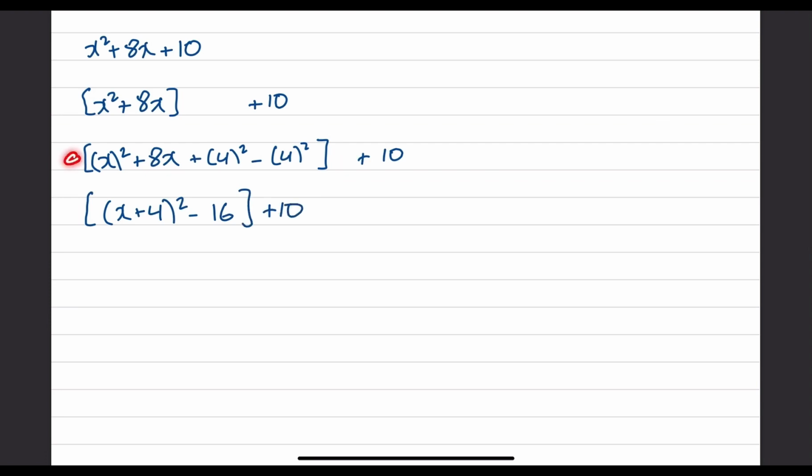And since there's no term over here that's being multiplied to both of these terms, opening the bracket is as simple as taking this outside the bracket. So this becomes x plus 4 whole squared minus 16 plus 10, x plus 4 whole squared minus 6.